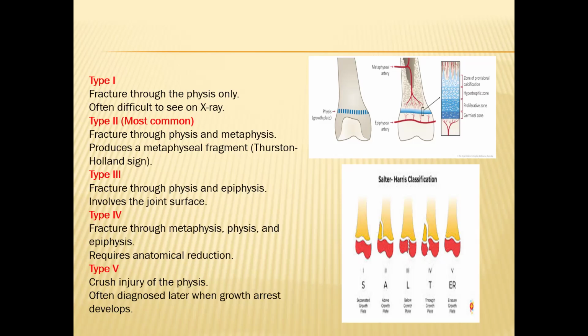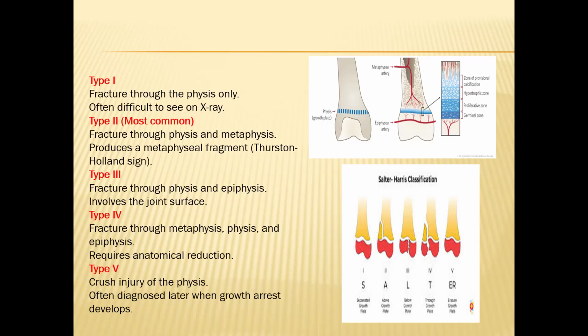The third type is when the fracture line passes through the physis and epiphysis and involves the joint surface. The fourth type is when the fracture line passes through the metaphysis, physis, and epiphysis. The fifth type is when there is a crush of the physis, when the patient falls down from a height.